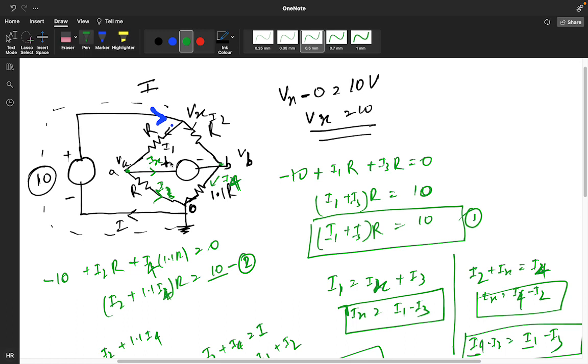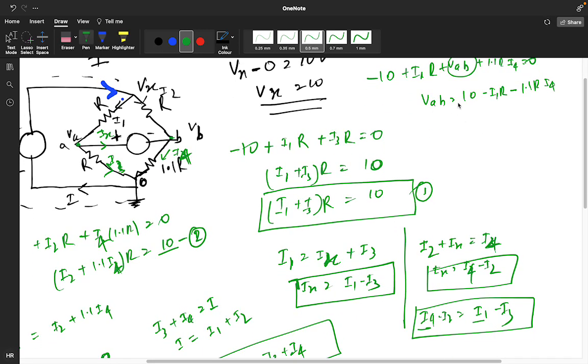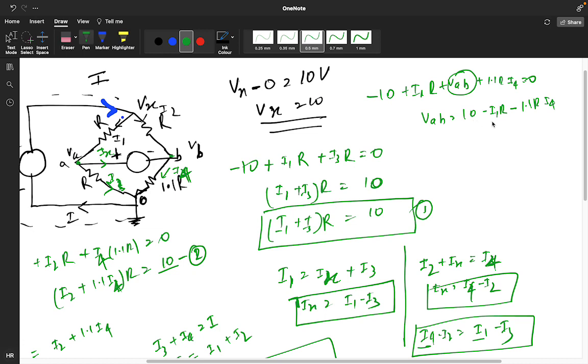If you apply it like this, minus 10 plus I1 into R plus VAB plus 1.1 into R into I4 equals 0, you will get the value of VAB: VAB equals 10 minus I1 R minus 1.1 R into I4.